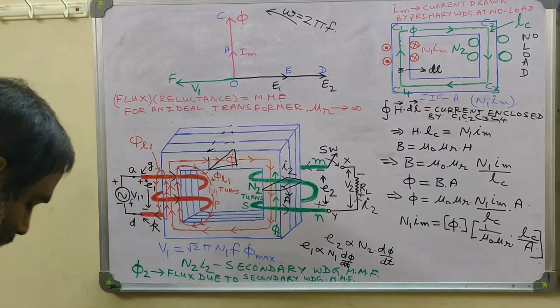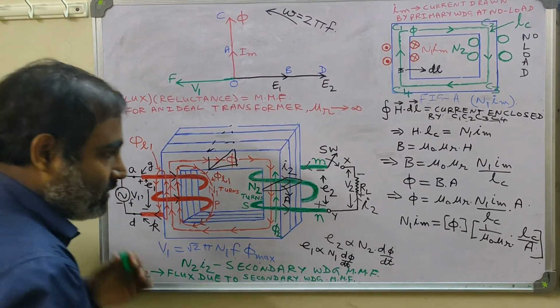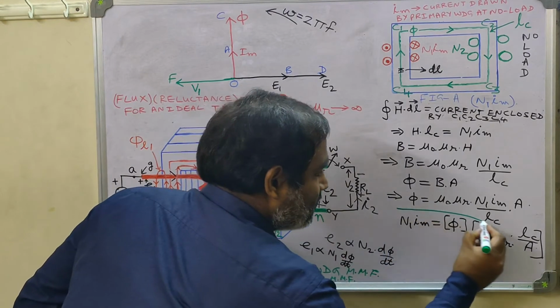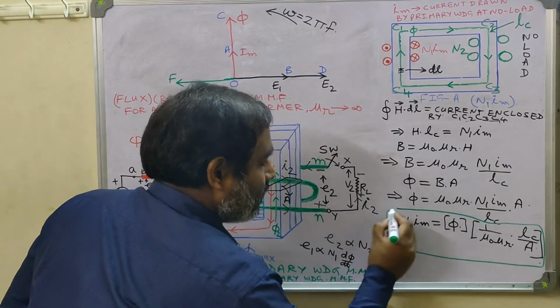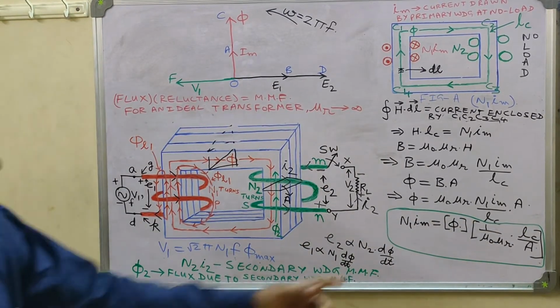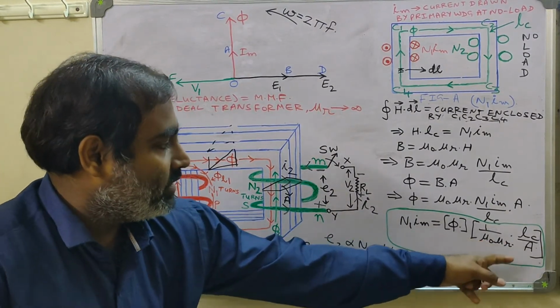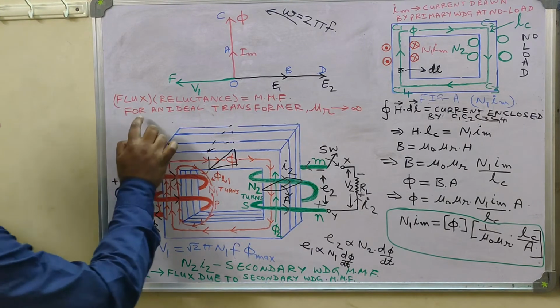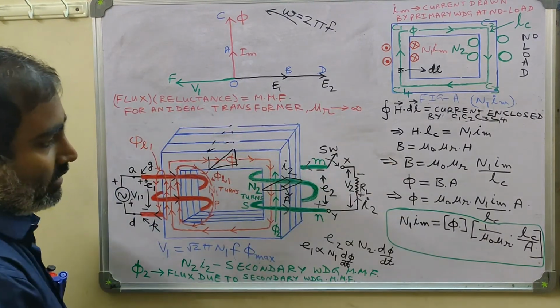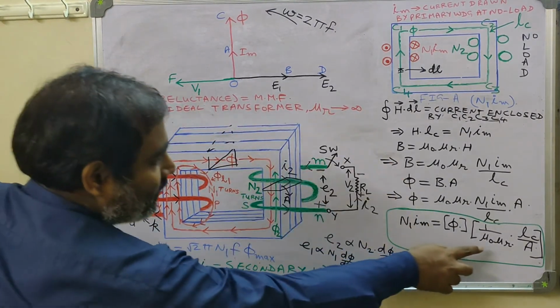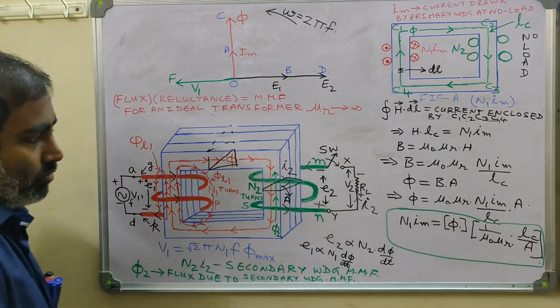I am keeping this inside the bracket. This is the expression we want to focus on right now: N1 Im equals flux phi into 1 by mu naught mu r into LC by A. Now if for an ideal transformer mu r tends to infinity, then this reluctance term tends to 0.